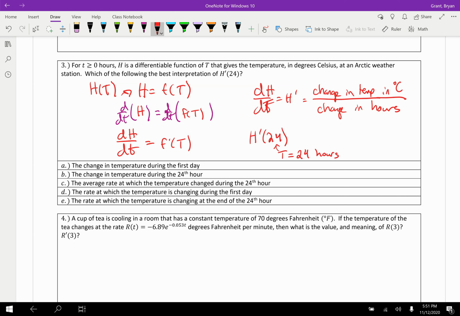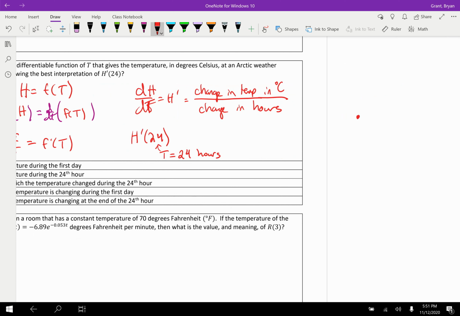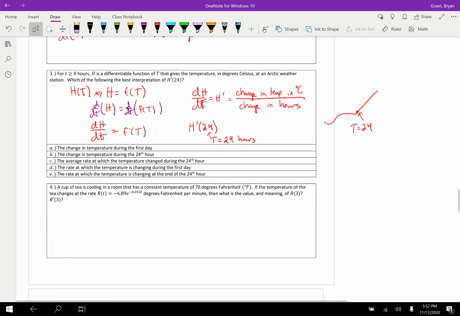The original definition of our derivative was an instantaneous rate of change. And it's so important to remember that a derivative measures a single point's slope or a single point's rate of change on a function. It doesn't measure an interval. It says right here, in this case, right exactly at 24 hours, what is happening.